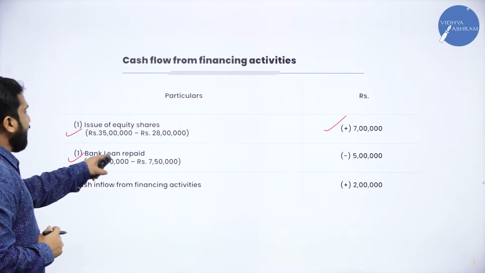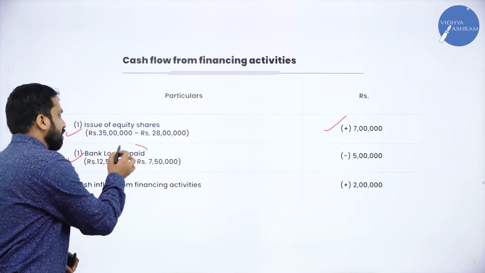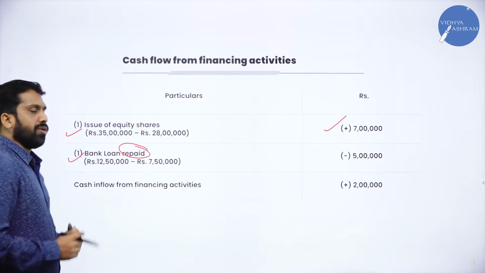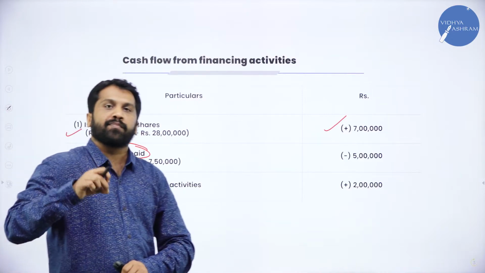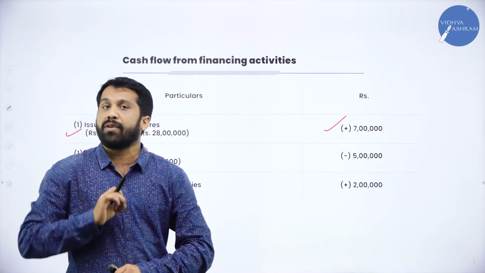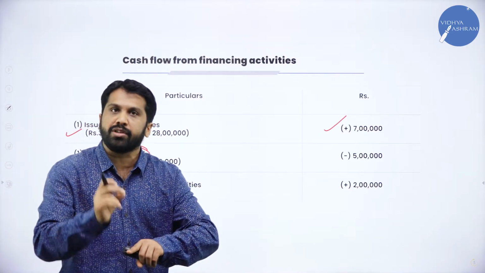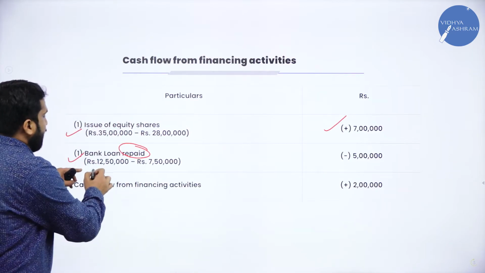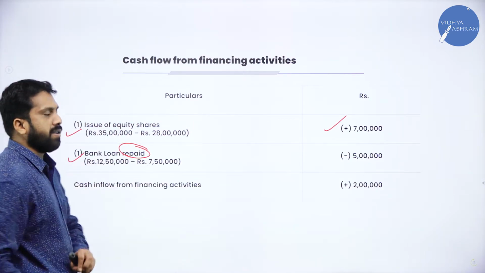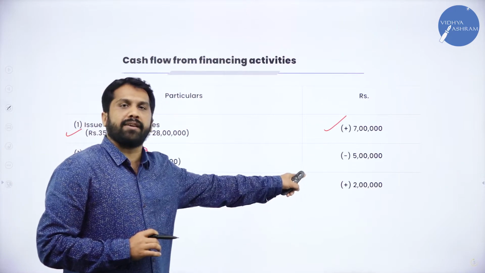Next, bank loan repaid. Why? Because the loan was 12 lakh 50, now it is 7 lakh 50. You have paid your loan. 12 lakh 50 minus 7 lakh 50, your answer is 5 lakh.